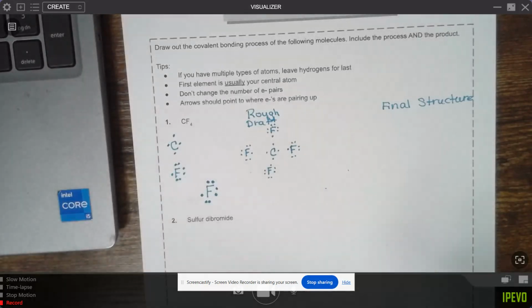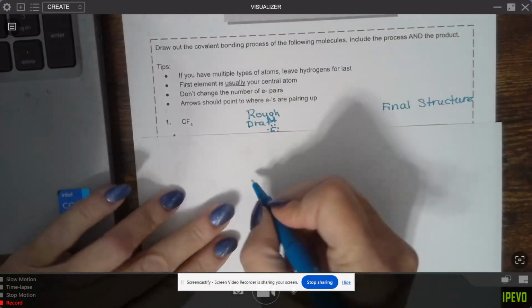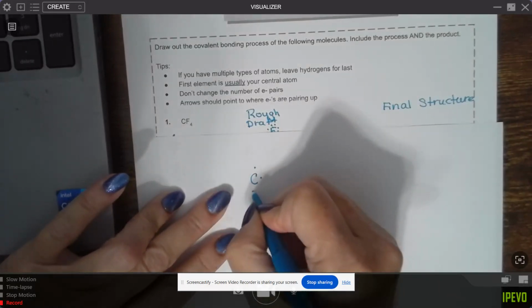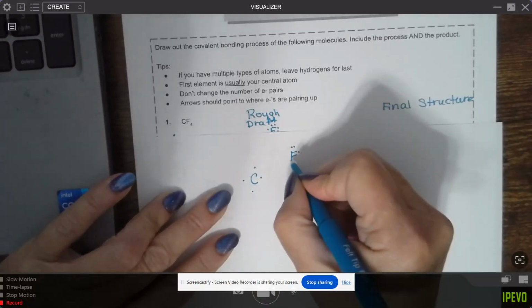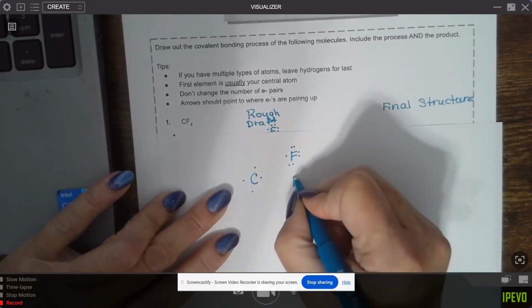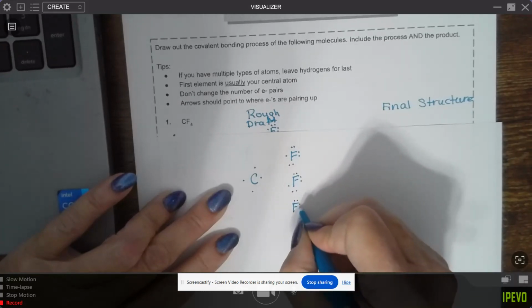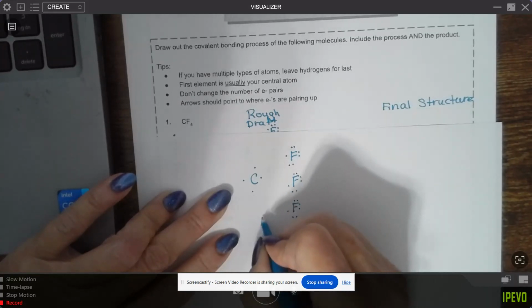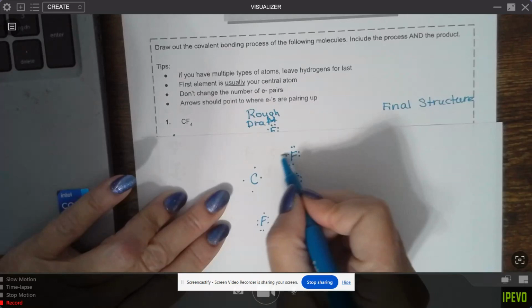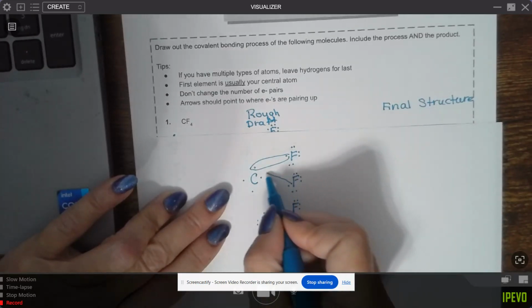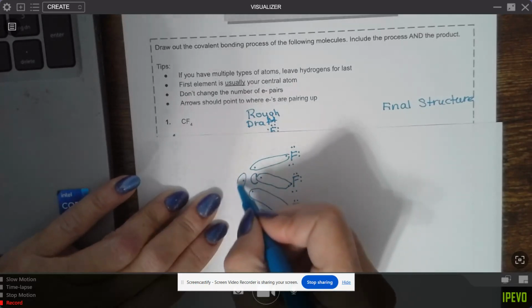So let me just show you what you could also do as your rough draft. You could draw the carbon with 4 valence electrons, and then you could include your fluorines all in one place. That's why you have that rough draft, so that it's like, oh, look, I can make a bond here, I can make a bond here, I can make a bond here, and I can make a bond here.